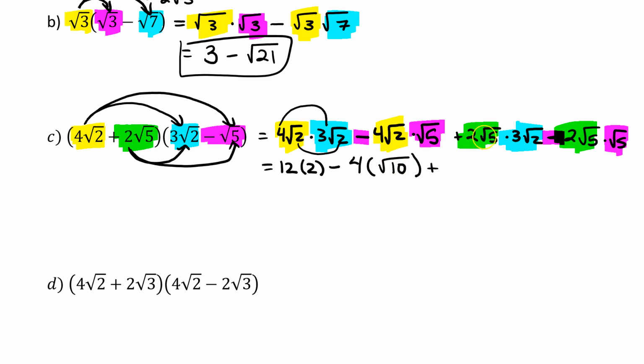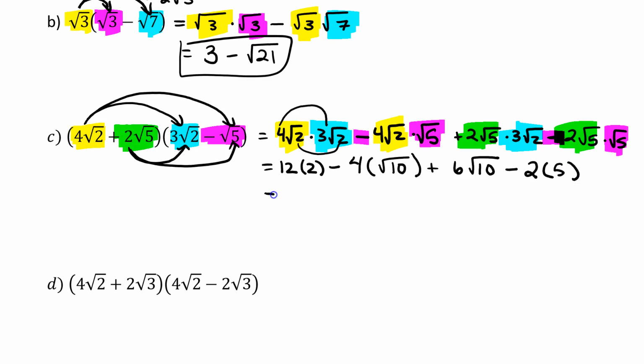Plus 2 times 3 is 6. Root 5 times root 2 is root 10. Minus 2 times 1 is 2, times the square root of 25, but we know that that is simply times 5. So we're multiplying this by 5.